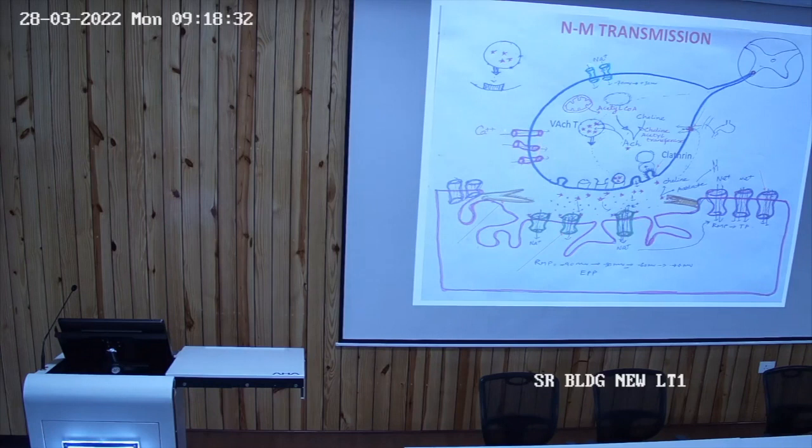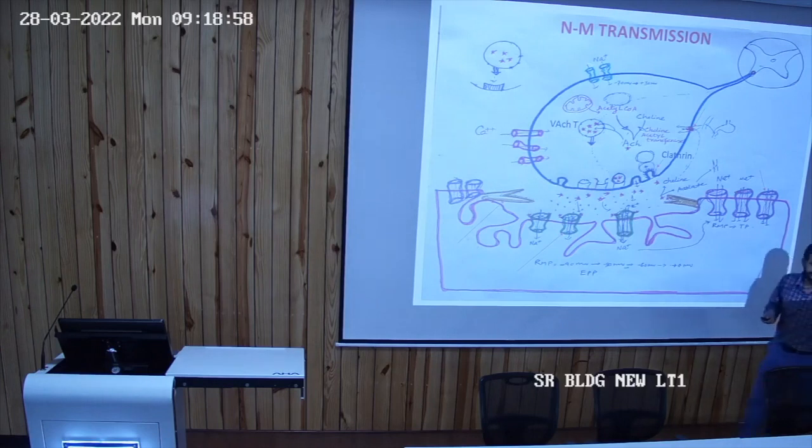So as the calcium concentration increases inside, this vesicular membrane has to come here, it has to reach here. As the calcium concentration increases, this vesicular membrane and this presynaptic membrane are attracted towards each other.